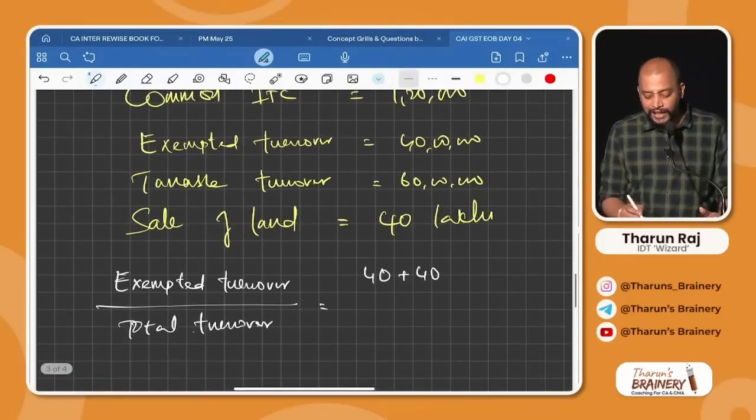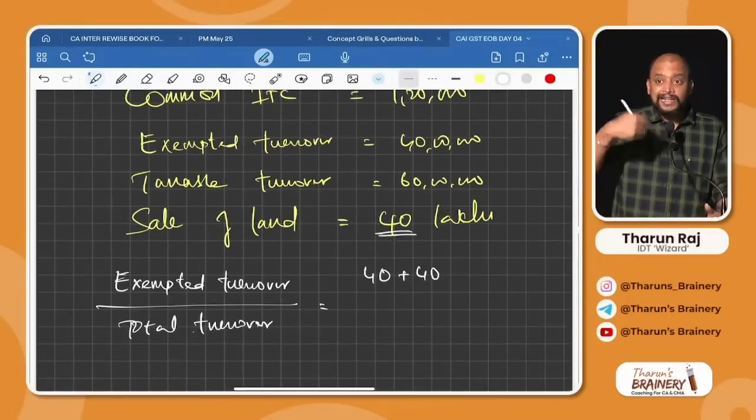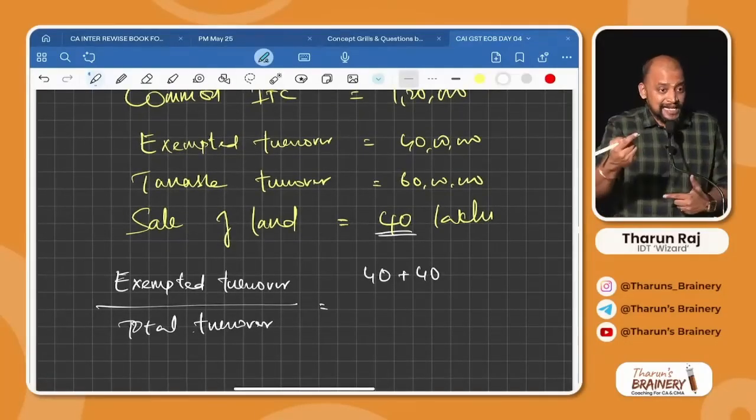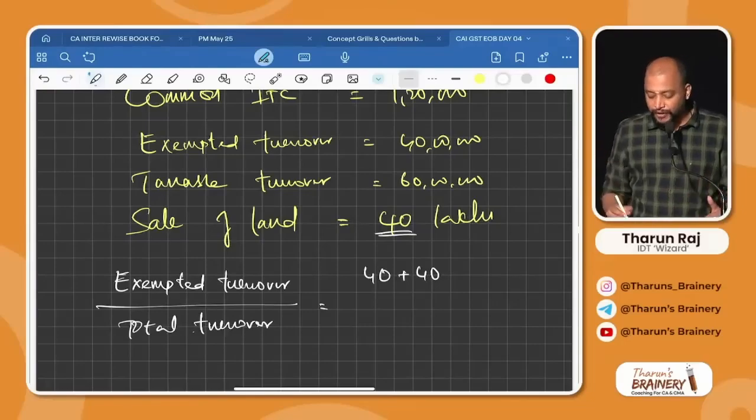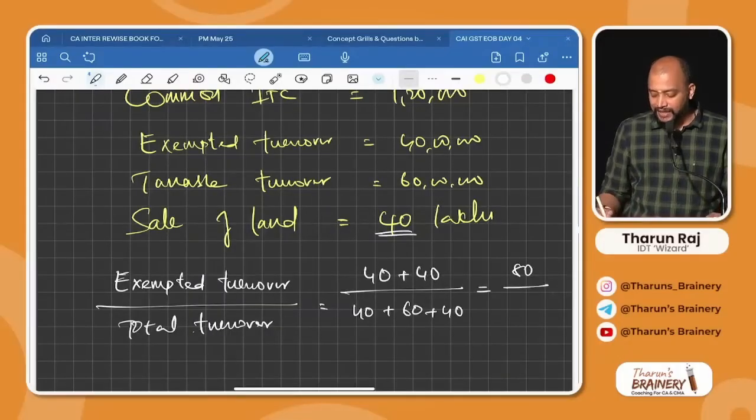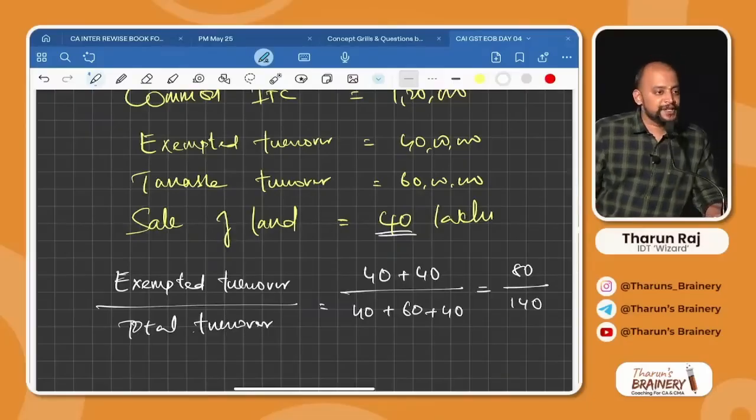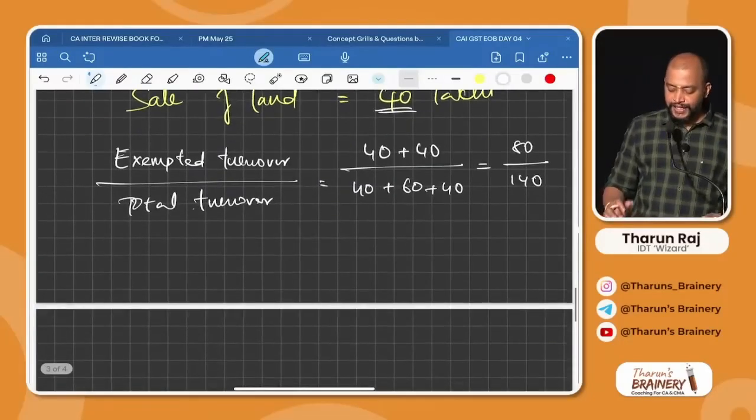Why 40 plus 40? Even though sale of land is not a supply, it is treated as exempted, and therefore 40 plus 40 divided by the total, 40 plus 60 plus 40. So that will be 80 divided by 140. So numerator also increased by 40, denominator also increased by 40.